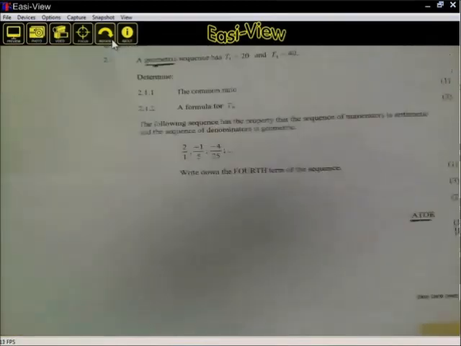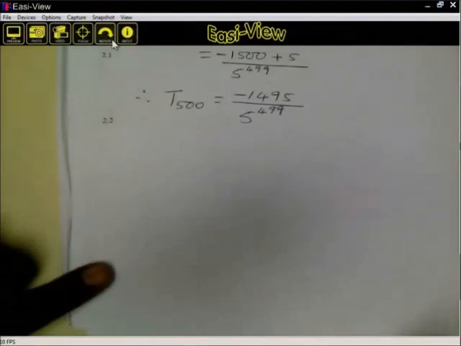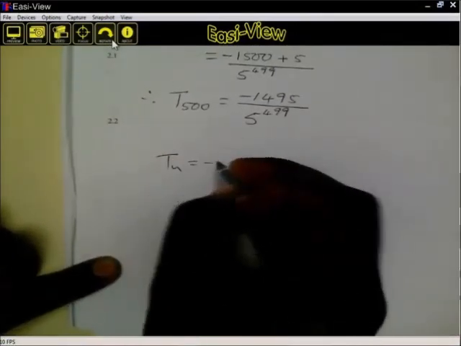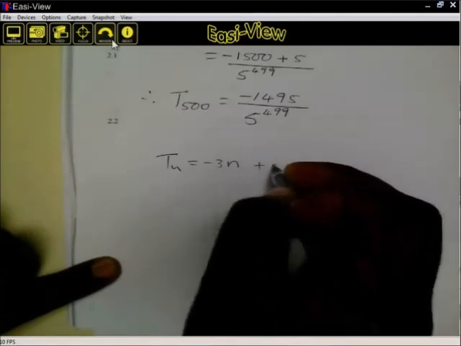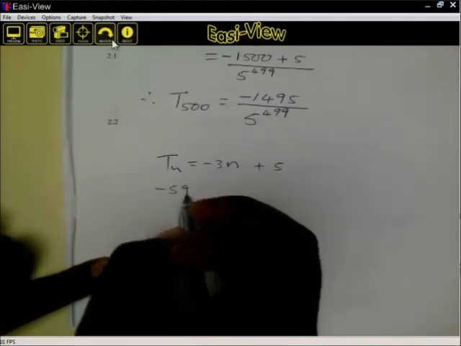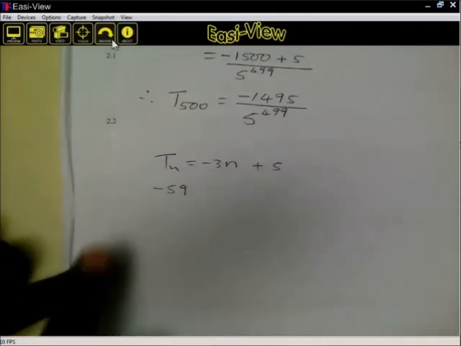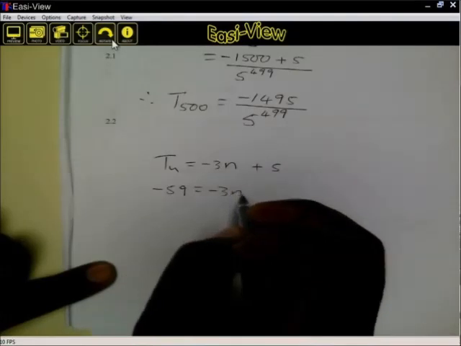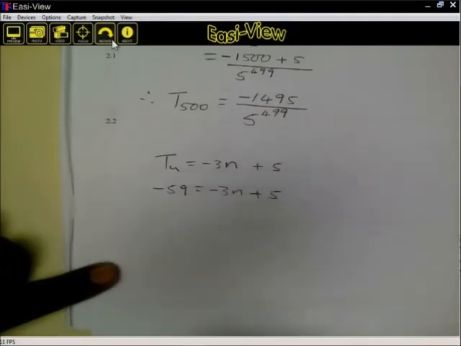So we are going to use that. We are going to say here, for numerators, we have Tn equals negative 3n plus 5. And then we determine the position of negative 59. So we say negative 59 is equal to negative 3n plus 5.